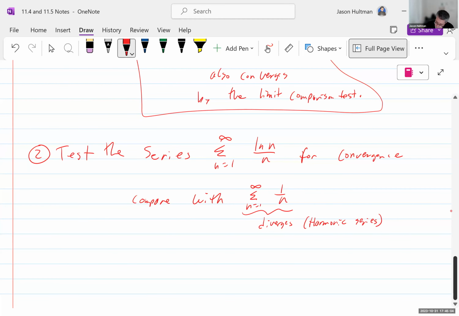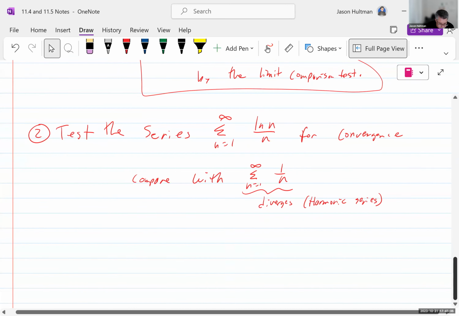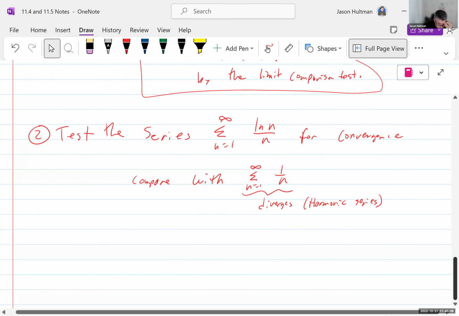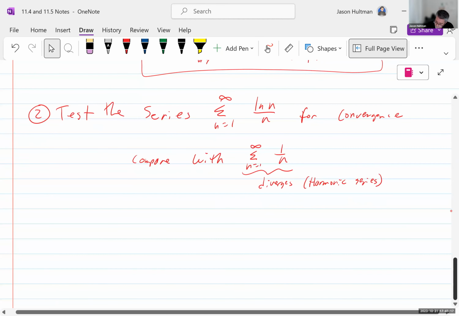And so I want to compare these values with the values that I'm getting for natural log of n over n.